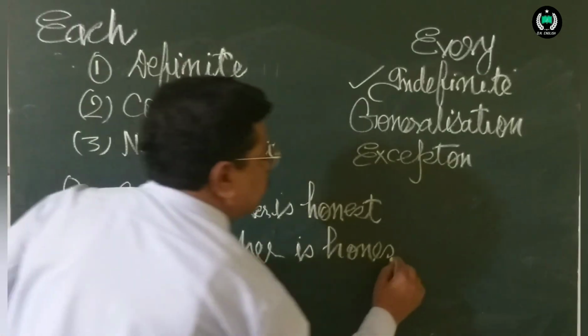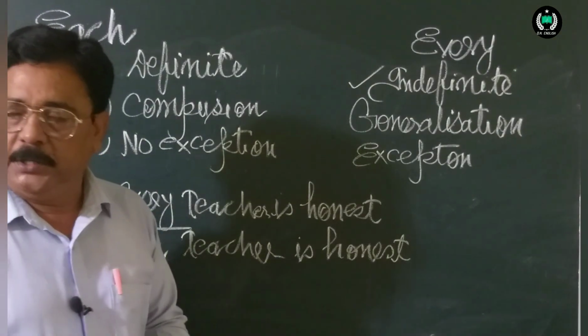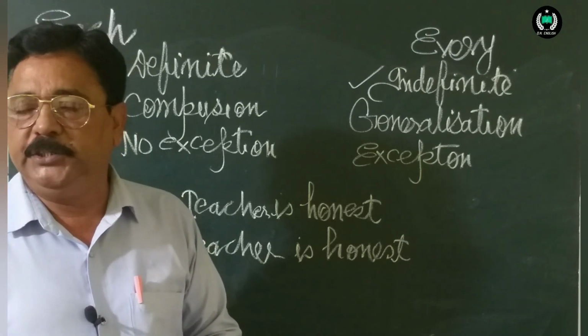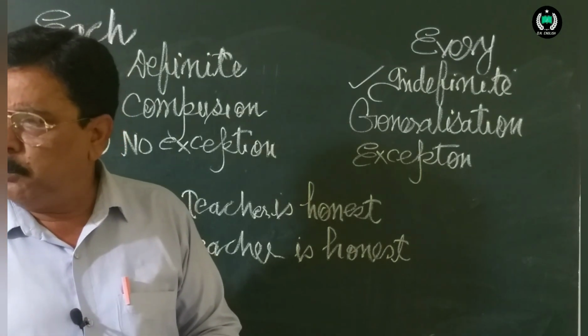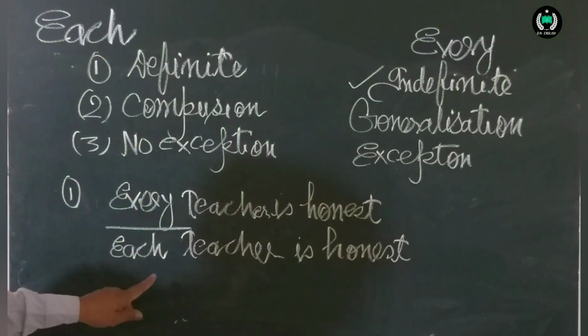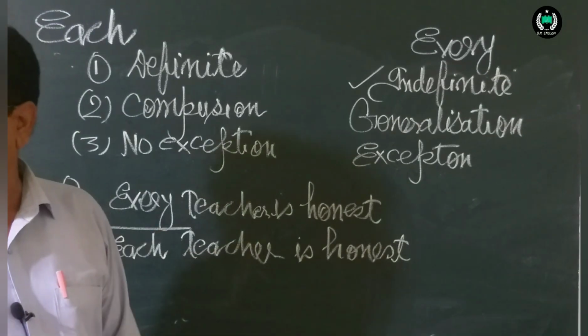Each teacher is honest. There is one school and there are 100 teachers. I know them one by one, I know them individually. What will I use? Each teacher is honest of this school. Clear?